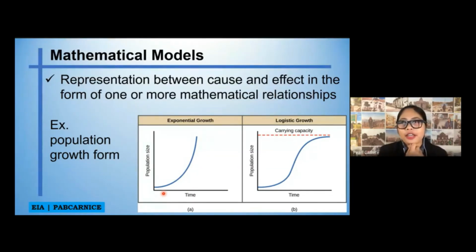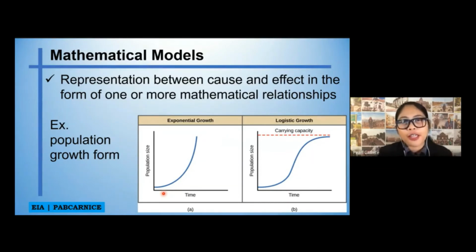For example, your proposal is to build a condominium building in Tacloban City. Of course, you have to predict what the population of Tacloban City will be after 5 to 10 years.